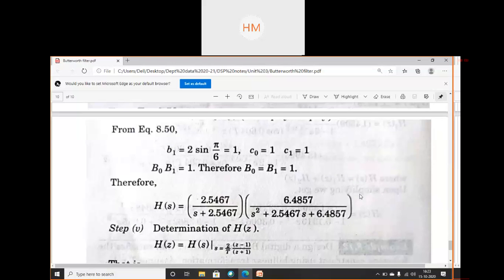Determination of H of Z. Next step, H of Z is equal to H of S at S equal to 2 by T into (Z minus 1) upon (Z plus 1). So this equation represents your bilinear transformation.